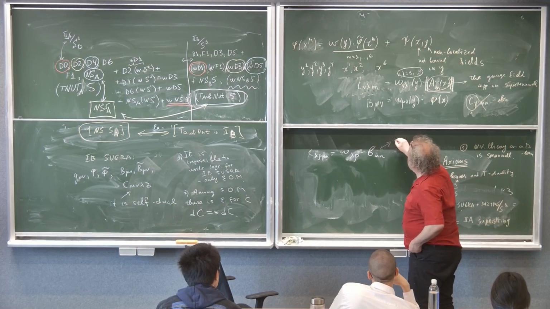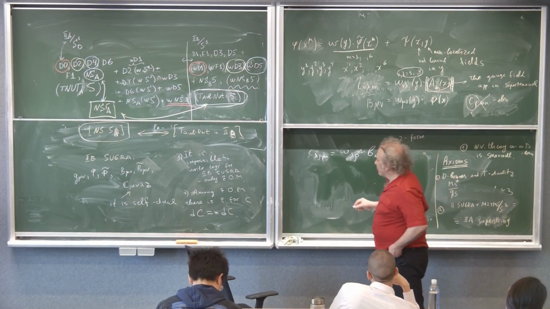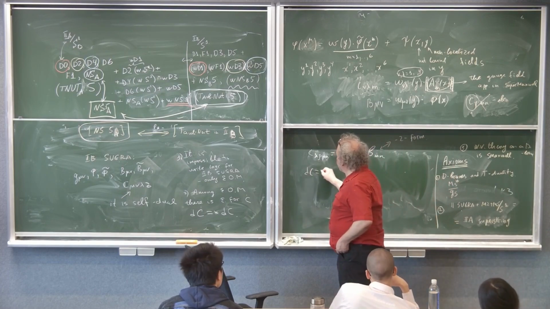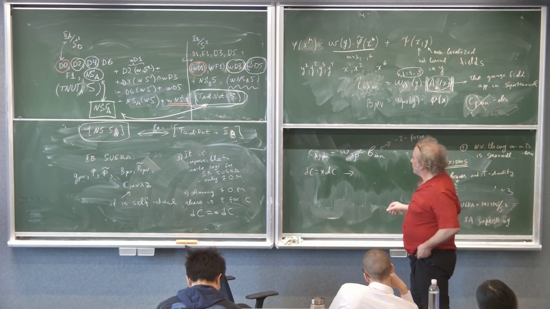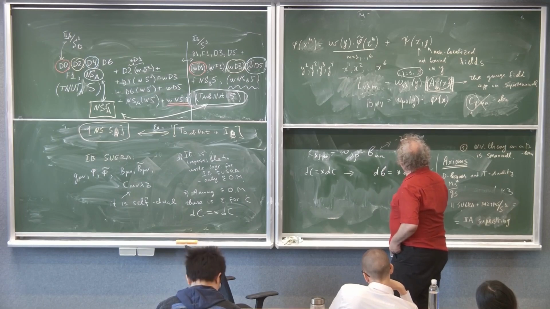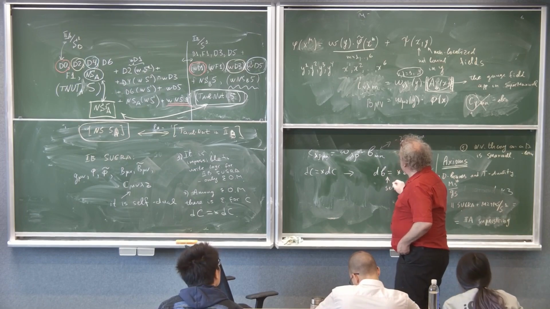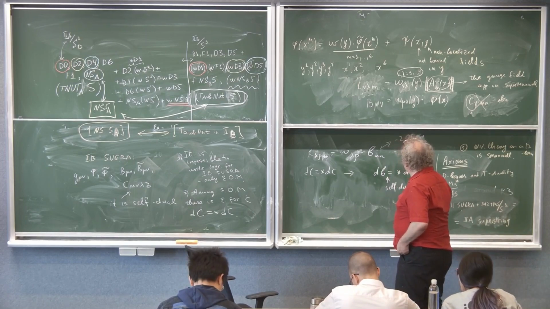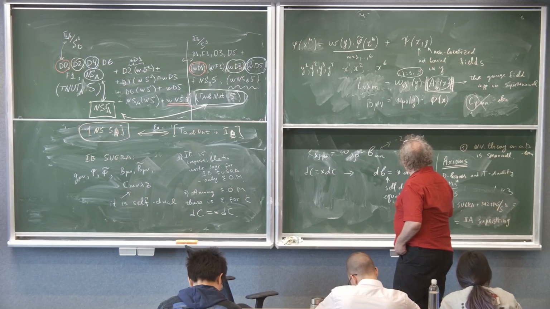So this field is a two-form. The equations dC equals star dC lead to the equations dB equals star dB. So these are the self-duality equations in 6 dimensions.